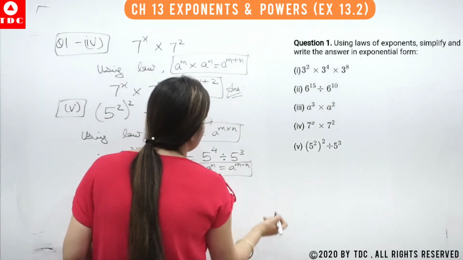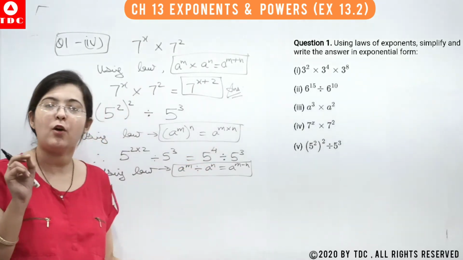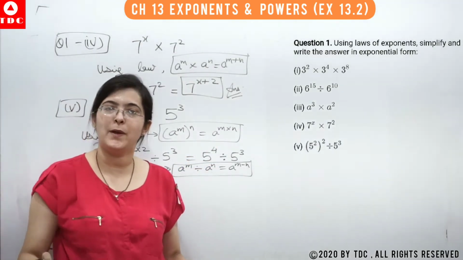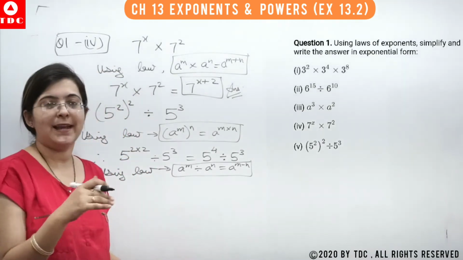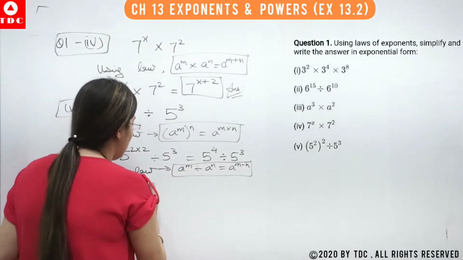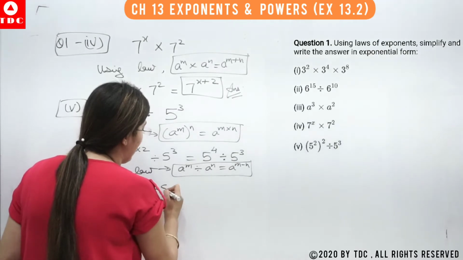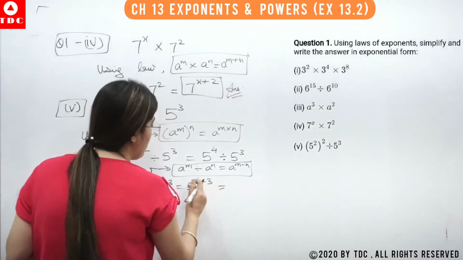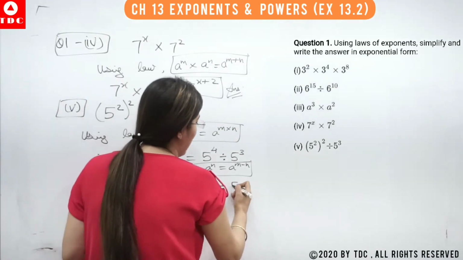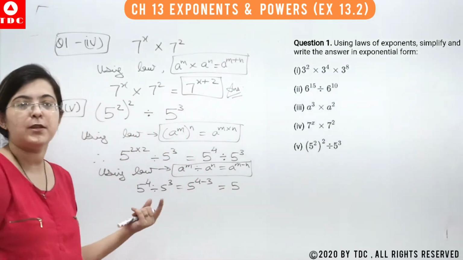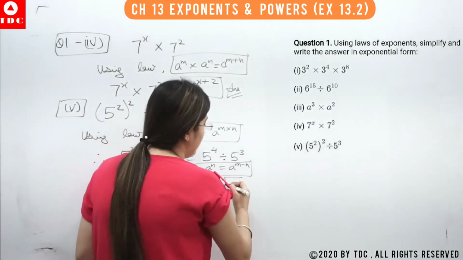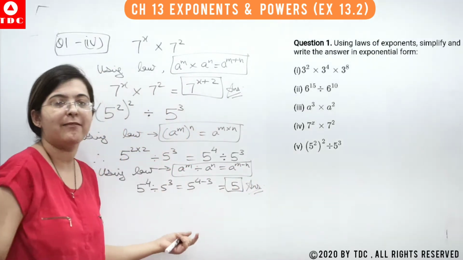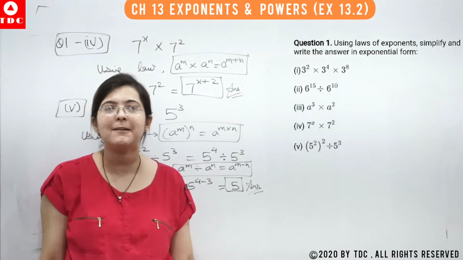Students, remember this, that whichever law you are using, you have to write it all the time. Make it a habit always. You don't have to directly solve. So what we will get? 5 to the power 4 minus 3. Powers will be subtracted. That means 5 to the power 1. It could be written as only 5. There is no need to write power 1 because it's the same thing.